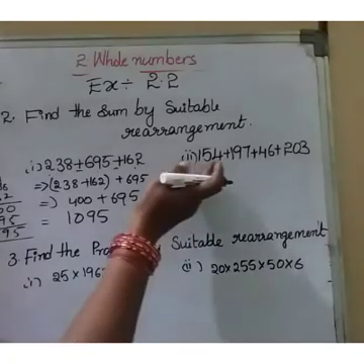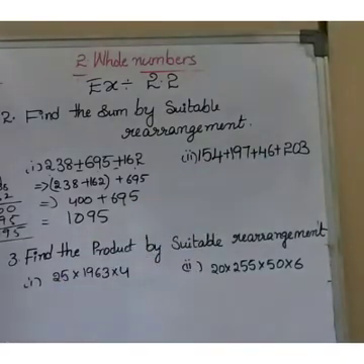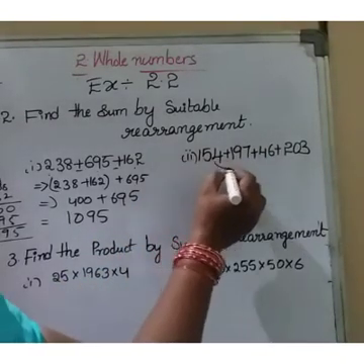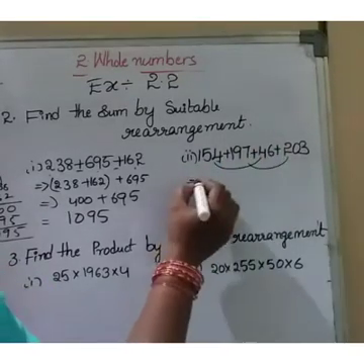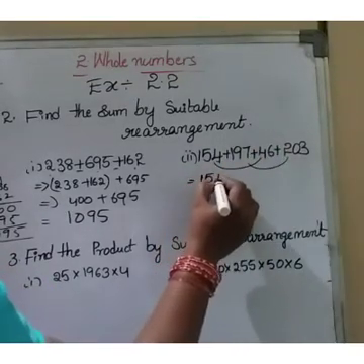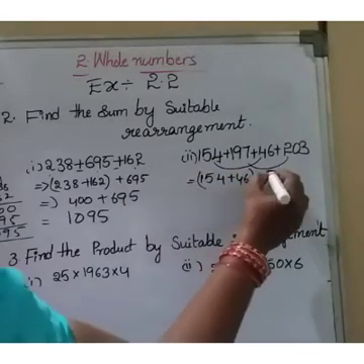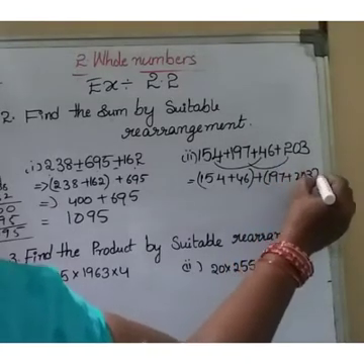Second one, here 4 numbers are given. In between there is addition, plus. So let's add two small numbers again. Write these two in one bracket: 154 plus 46 plus 197 plus 203.